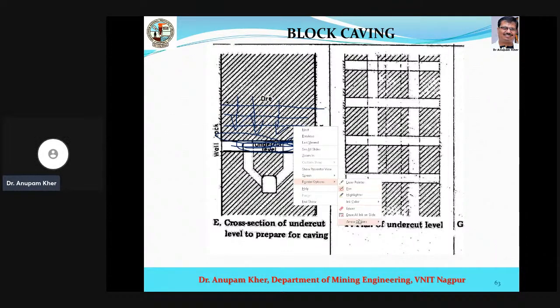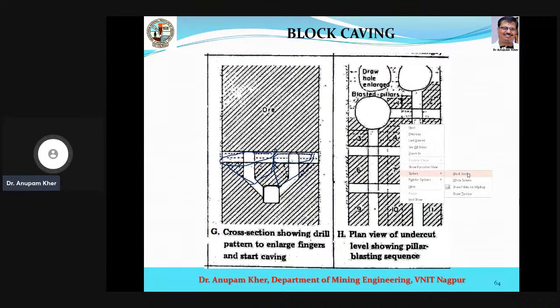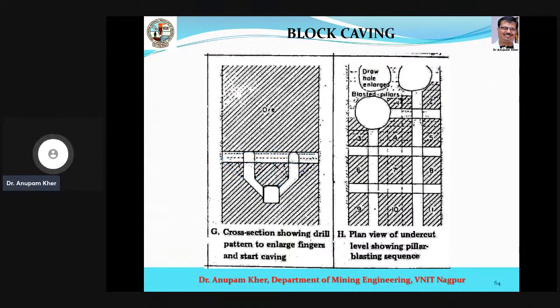So let's see in some of the advanced diagrams how it forms up. Eventually this kind of finger raise system becomes this kind of bins, as you can see in the right side diagram. They become the bins here, and the entire portion from the top starts caving in here. If caving does not happen, then it is a very difficult proposition.